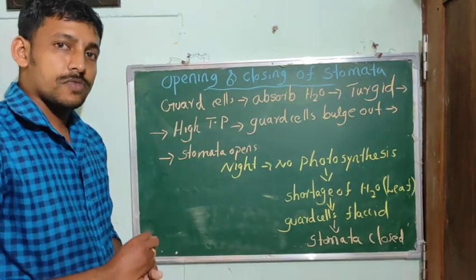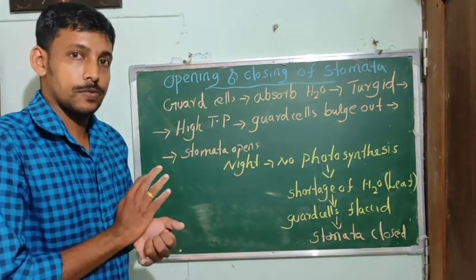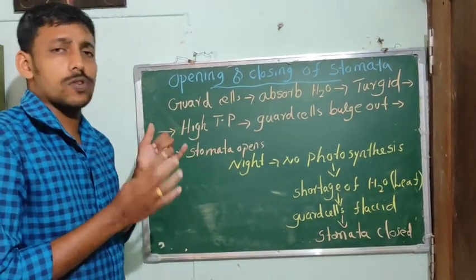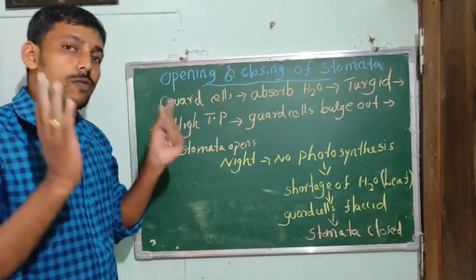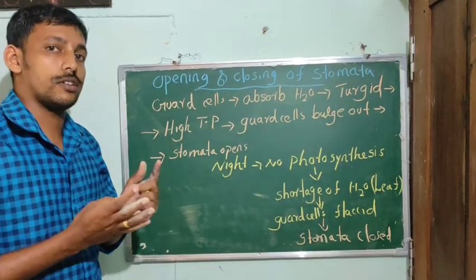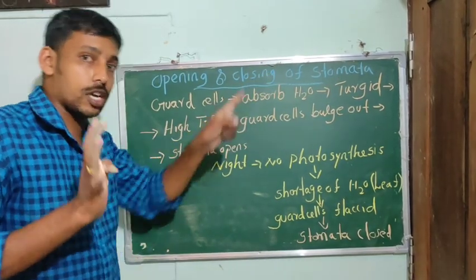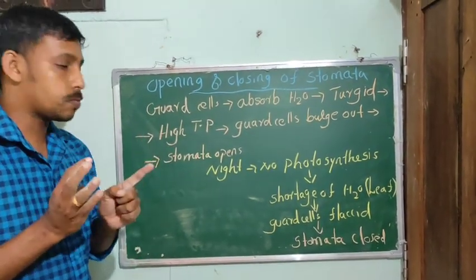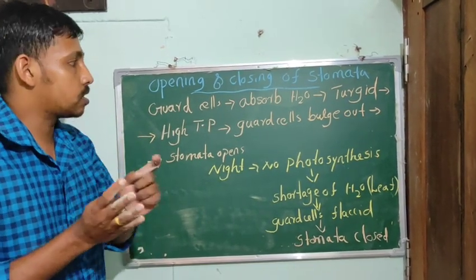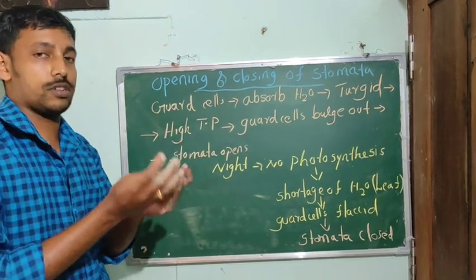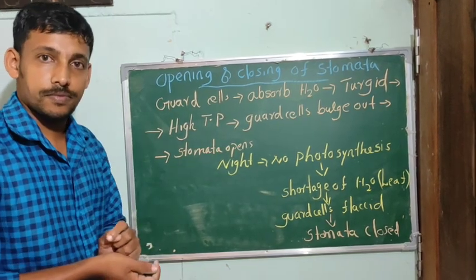The turgor pressure helps in the opening and closing of stomata. During photosynthesis, the guard cells absorb an increased amount of water from the neighboring cells and become turgid. The high turgor pressure causes the guard cells to bulge out, and at that time the stomata will open.